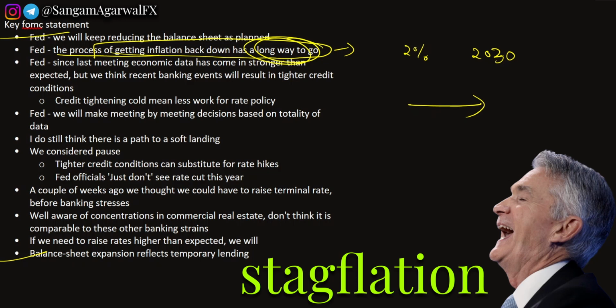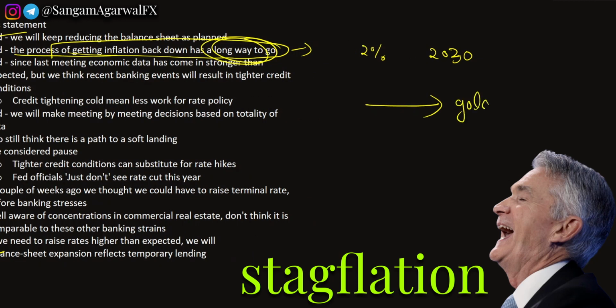By the time they declare stagflation, it will be too late. And investing in an asset like gold to avoid that stagflation, it can hit more than $3,000.